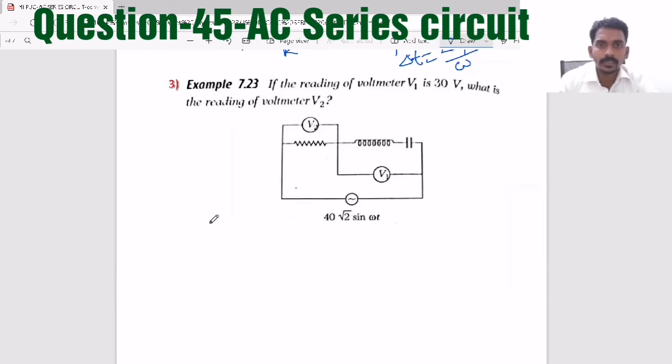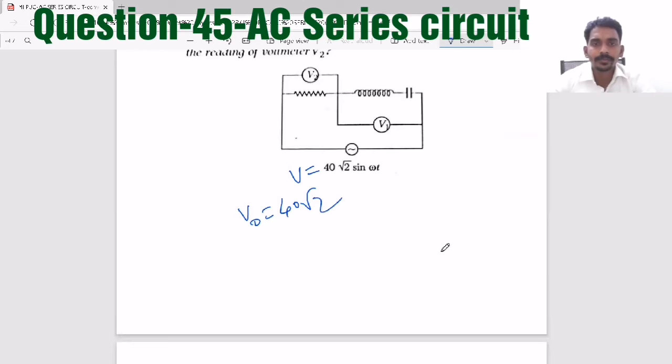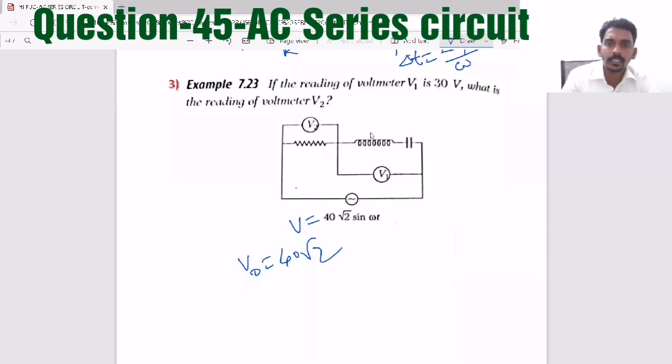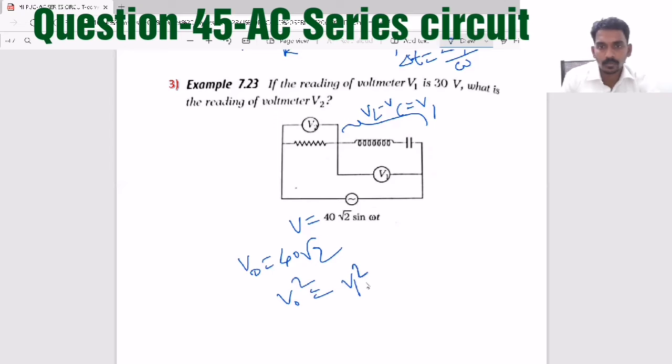Now, the next question is, if the reading of voltmeter V1 is 30 volt, what is the reading of voltmeter V2? See here, the AC source is given like this. That means V0 value is 40 root 2. Now, as it is an LCR series circuit, across this the resultant will become VL minus VC or VC minus VL, which they have given as V1. Now, V0 square will become V1 square plus V2 square.